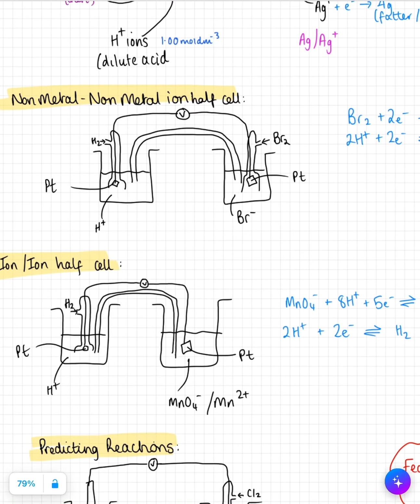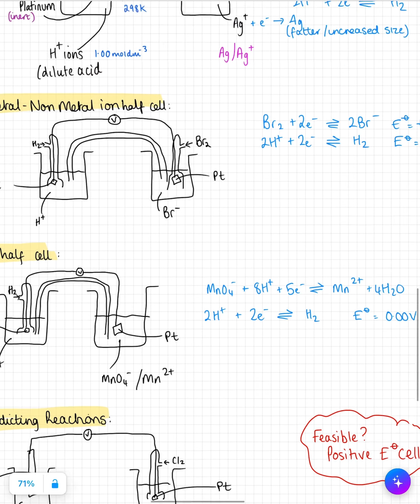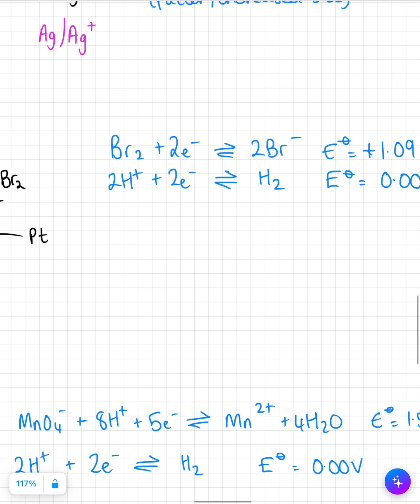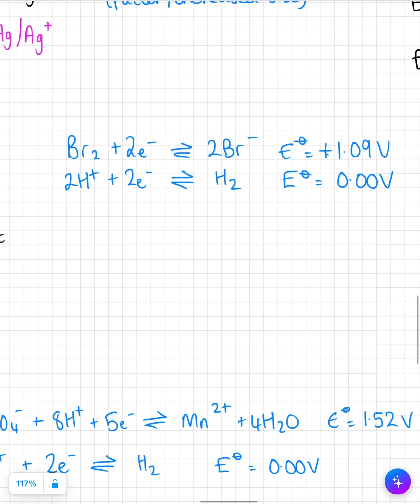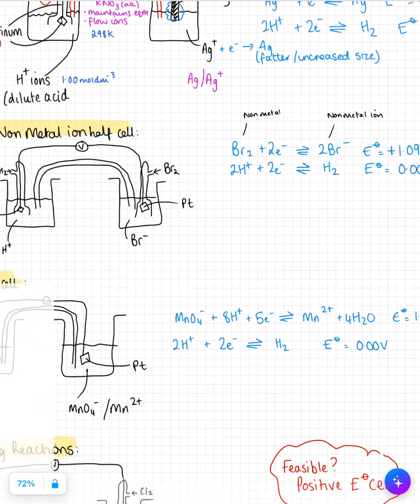So now let's have a look if we have a non-metal ion half cell. So what we mean by this is we are using your standard hydrogen electrode and you are then using a non-metal and non-metal ion as the other half cell.